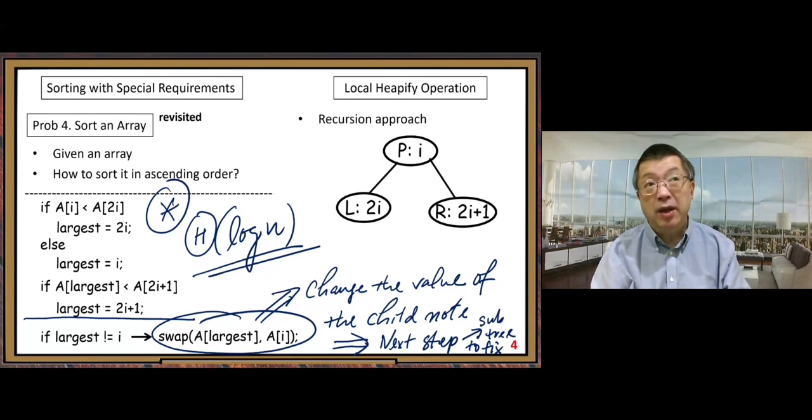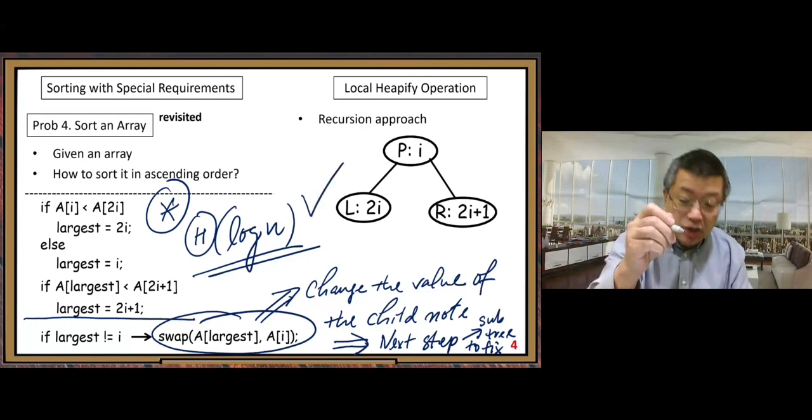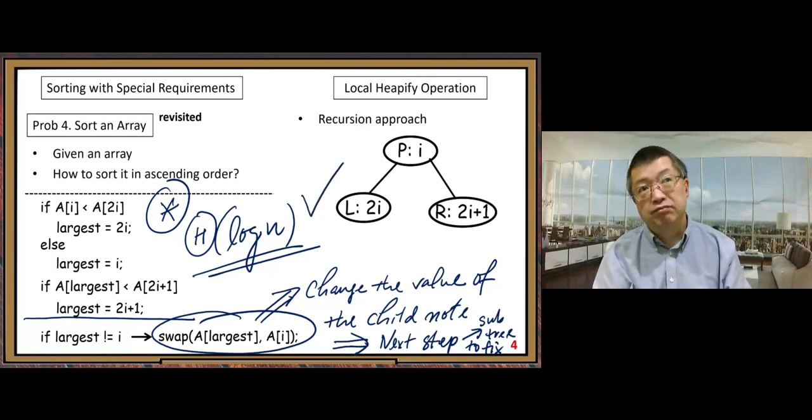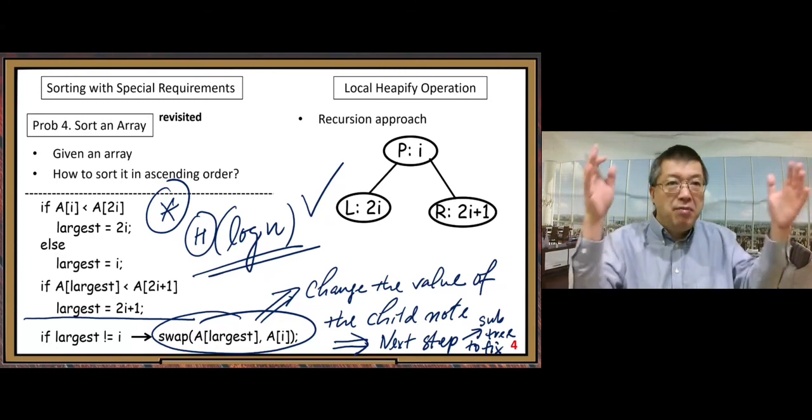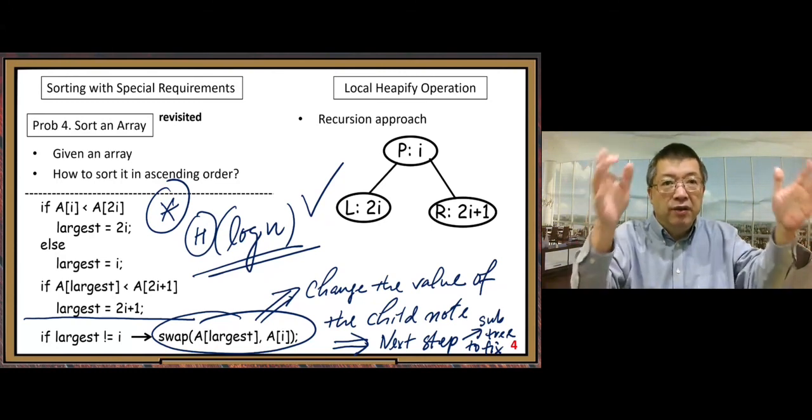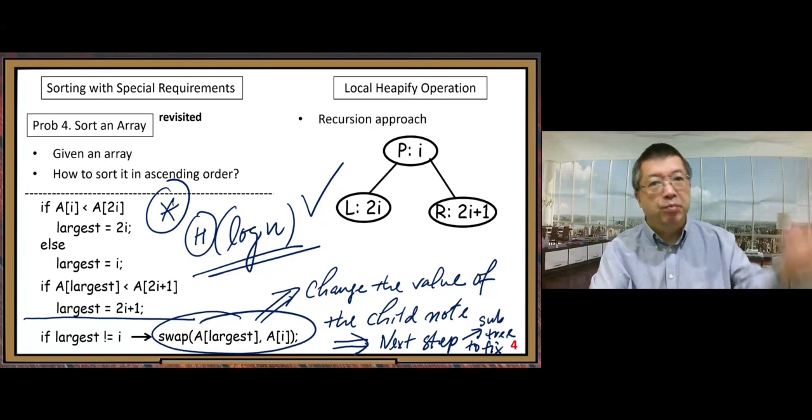We are not willing to pay big theta of n. So we are willing to pay this fixing cost. It's acceptable. Other than this, it's not acceptable. Okay, all right. So let me complete this video B.4.